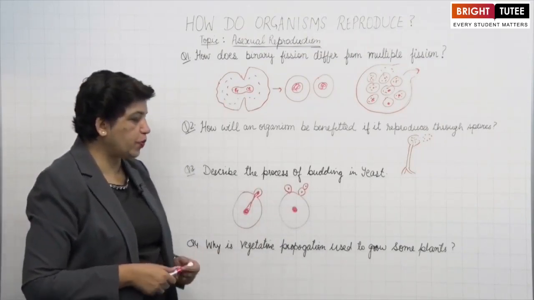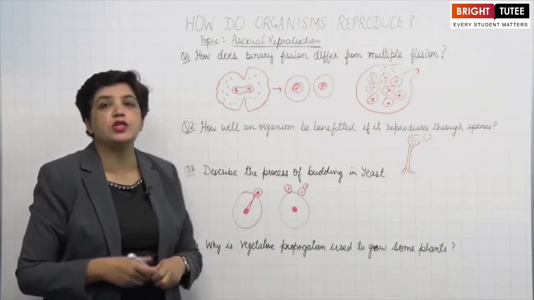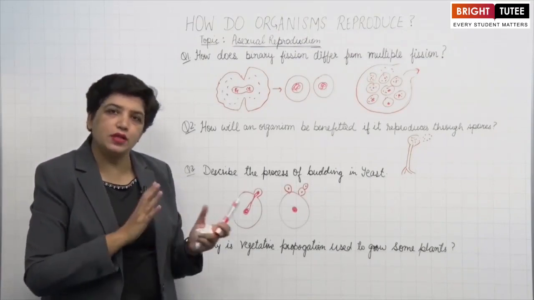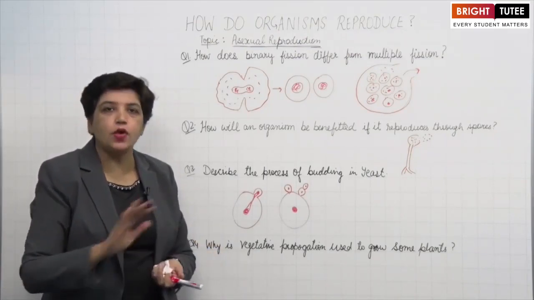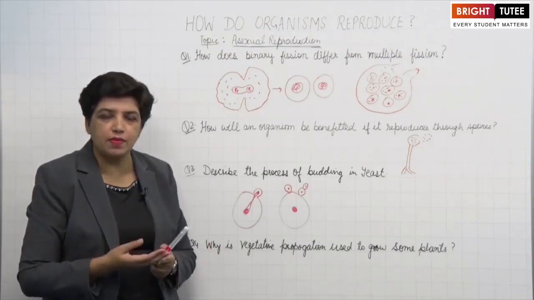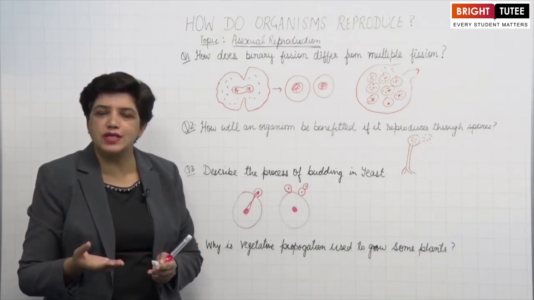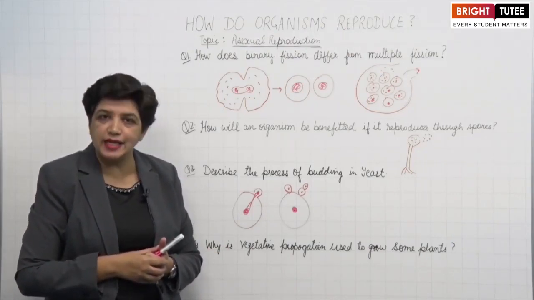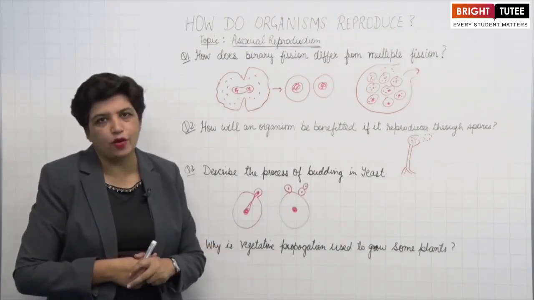Why is vegetative propagation used to grow some plants? Vegetative propagation is a process in which new plants are formed from the non-reproductive parts of the plant, or the vegetative parts of the plant, not the flower. Either the stem, right, as in case of sugar cane and rose, or it can take place through underground tubers like in potato and dahlia, and it can also take place through leaf as in bryophyllum.